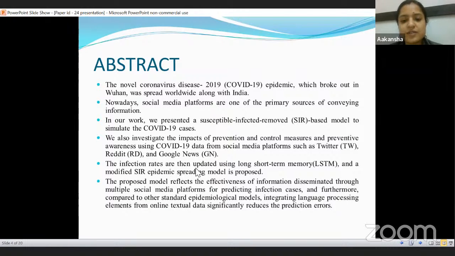The deviations in the infection rates are updated using the LSTM model, and using the LSTM model and the PEN LDA model, we have proposed the SIR model in our paper. The results of our paper have shown that the proposed model is performing better than the other traditional models.